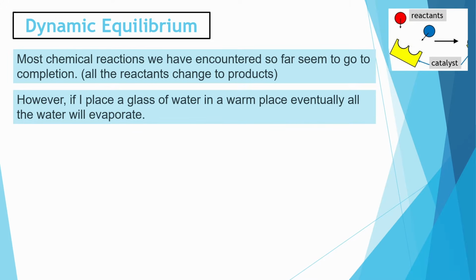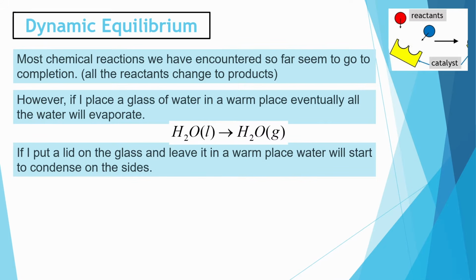So here's an example. If I took a glass of water and put it onto the windowsill, eventually all the water will evaporate. So we have liquid water turning into water in the gas phase. Now if I took that same glass but put a lid on top and left it in a warm place, the water would start to condense on the side, right?